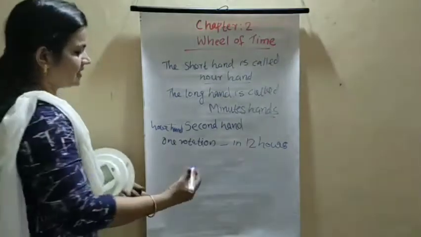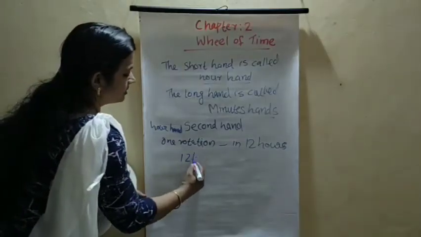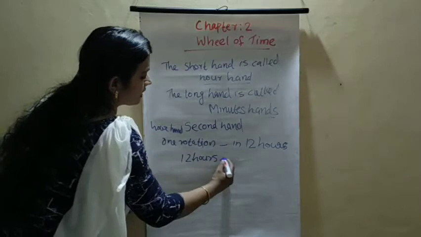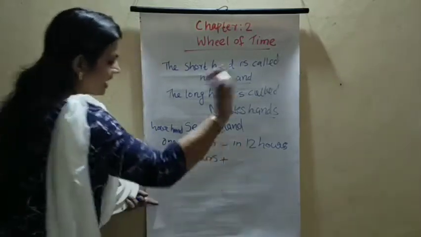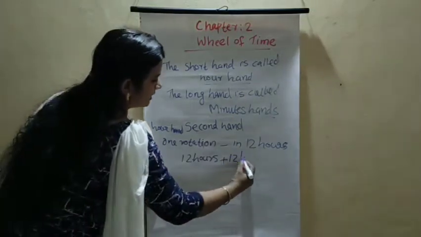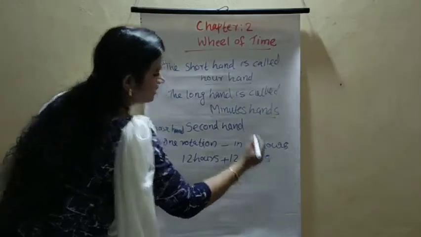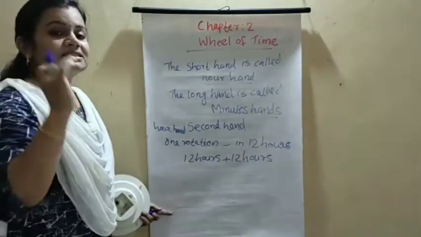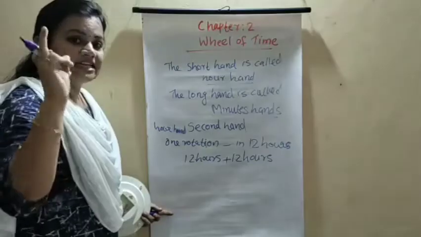So we can see 12 hours plus how many rotations? 1 rotation, 12 hours. Again 1 rotation, 12 hours. The total is how many hours? The hour hand completes 2 rotations in a day.